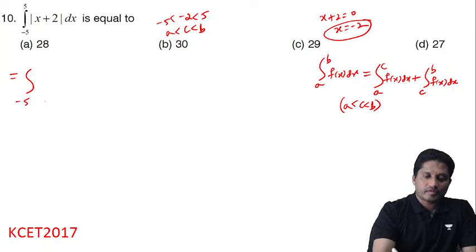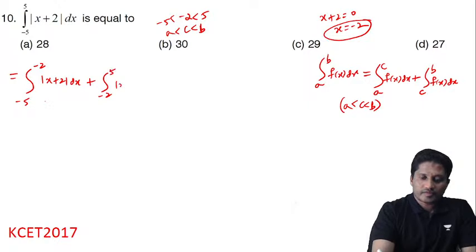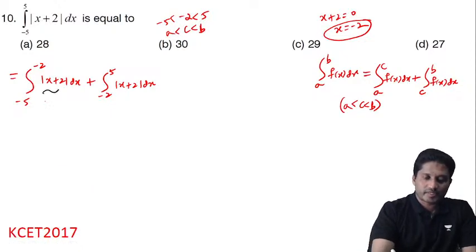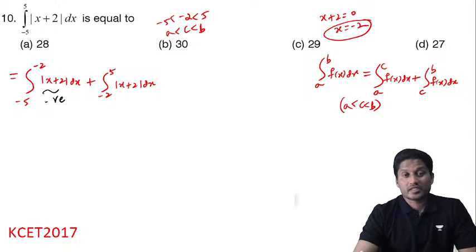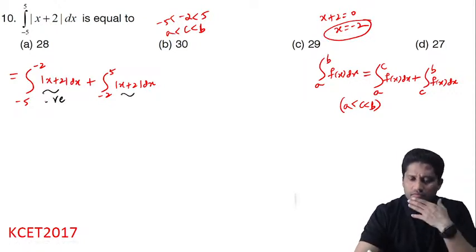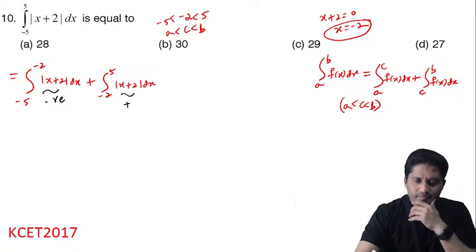Minus 5 to plus 5 can be written as minus 5 to minus 2 mod of x plus 2 dx, and then minus 2 to plus 5 modulus of x plus 2 dx. Between minus 5 and minus 2, you put any value, this will be negative. Between minus 2 and plus 5, you put any value, this will be positive.